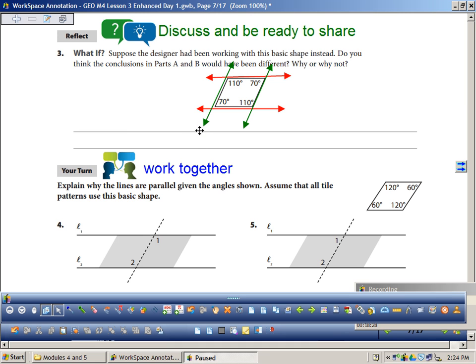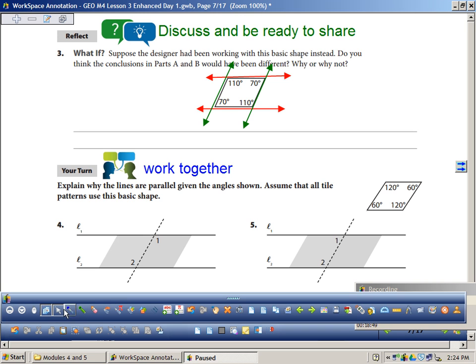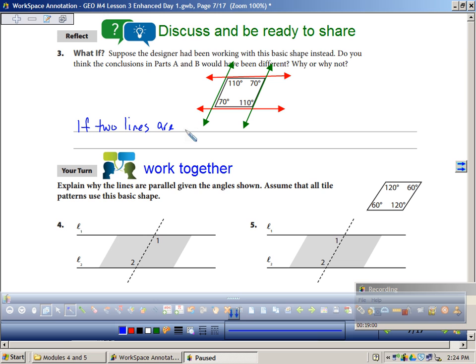Hold on, hold on, hold on. A hand. I need a hand. Let's hear it. Can you explain? 110 plus 70 is 180. And what are the positions of those angles? Let's write it. If two lines are, the two lines are what? No. We're proving parallel. If two lines are what?